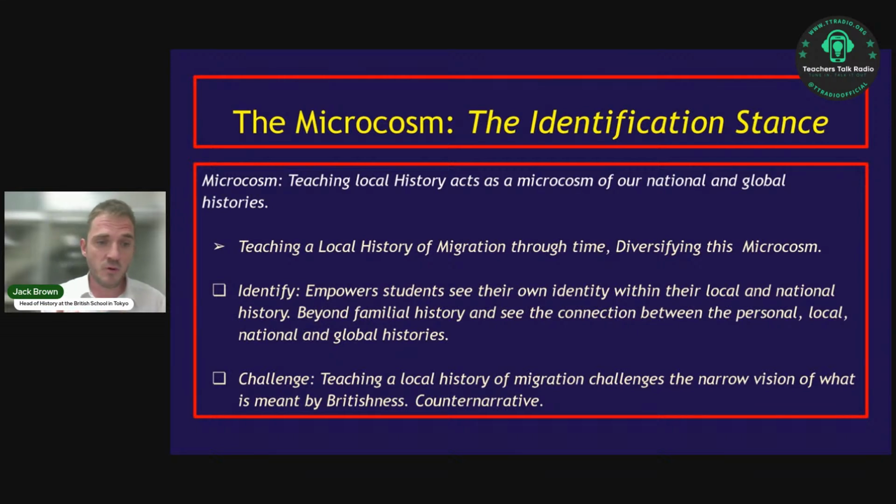But perhaps more importantly, what we're doing is we're challenging this notion of Britishness being an exclusive, narrow vision of, and being synonymous with whiteness, okay? By teaching the history of migration to Britain, we're challenging this land of hope and glory narrative, this idea that Britishness is exclusive.